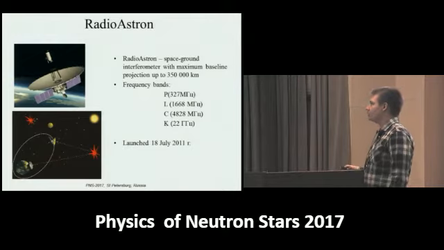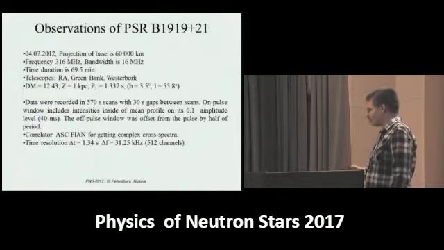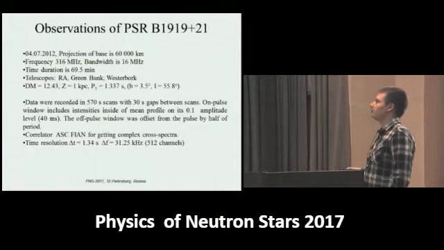RadioAstron was launched 18 July 2011. Observations of pulsar 1919 were performed on 4 July 2012, with the baseline projection about 60,000 kilometers. Total time duration of our observation is about 1 hour, and we use the space telescope RadioAstron and big ground telescopes in Green Bank and Westerbork.